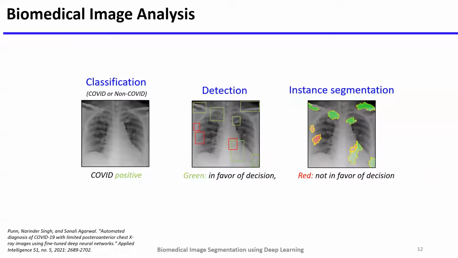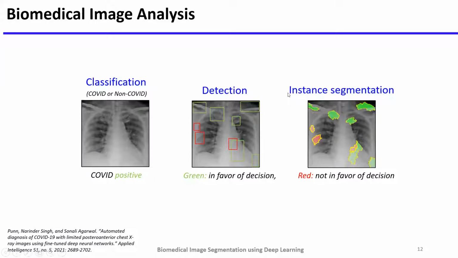You can see that there is a very slight difference between classification, detection, and instance segmentation. Classification will help us with a decision-making process in terms of various classes, for example COVID or non-COVID.